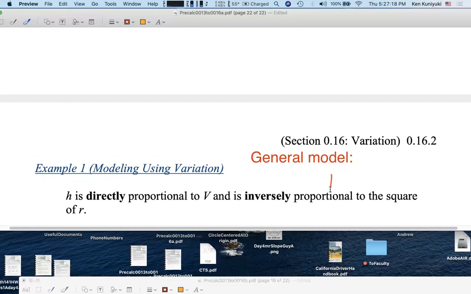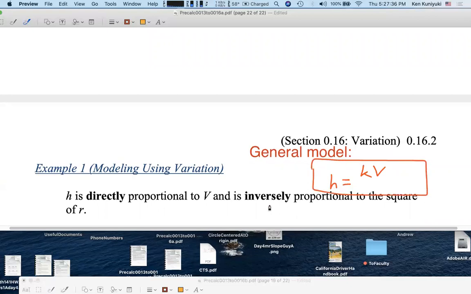H is directly proportional to V. That means H can be described as k times V and is inversely proportional to the square of R. It's assumed that we write this all in a single formula, a single equation, and is inversely proportional to R squared.